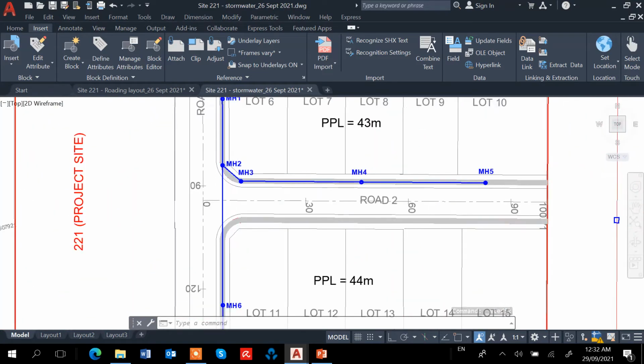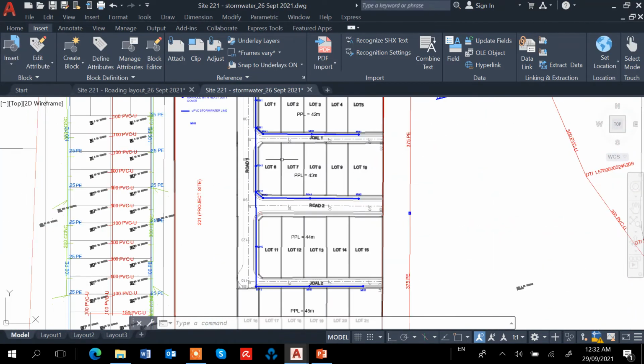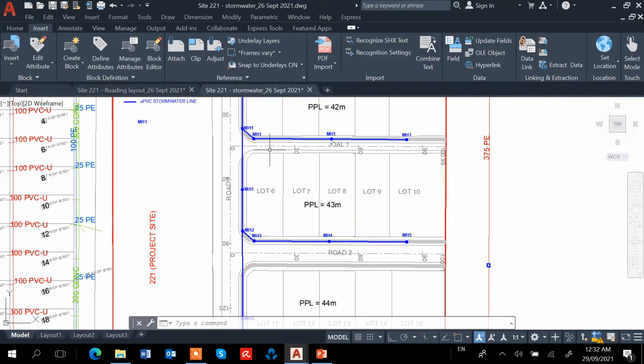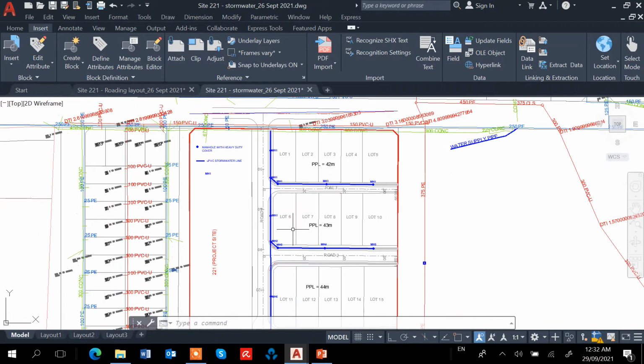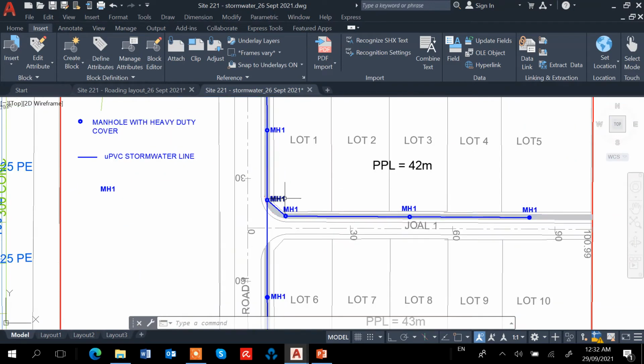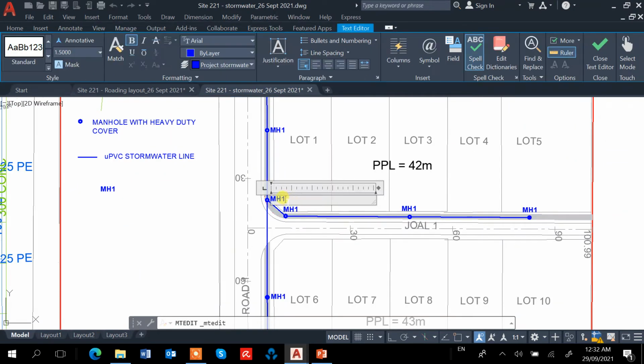Oh, let me see. I got a bit too fast. So this one actually should be 1. I jumped over to the next one.